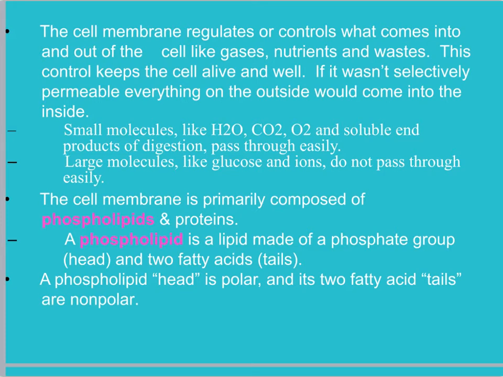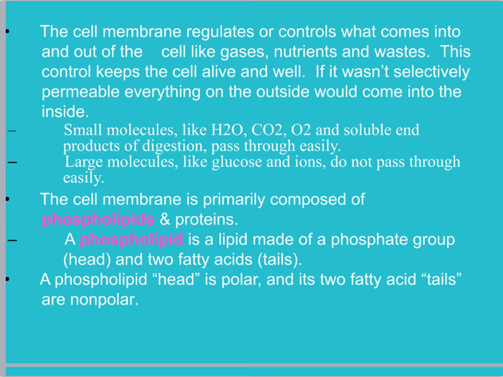For example, oxygen. If your body has too much oxygen, well, the cell membrane is going to get rid of some oxygen. If it has too little, then it's going to take it in, and you'll start breathing more. Nutrients, same thing goes for carbohydrates and different minerals and vitamins. Waste also.